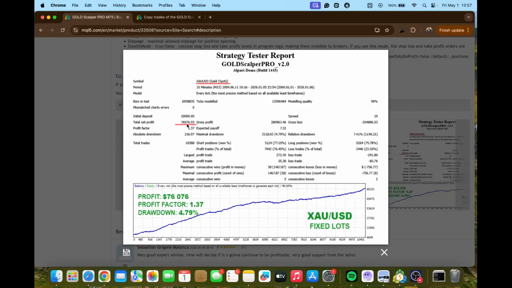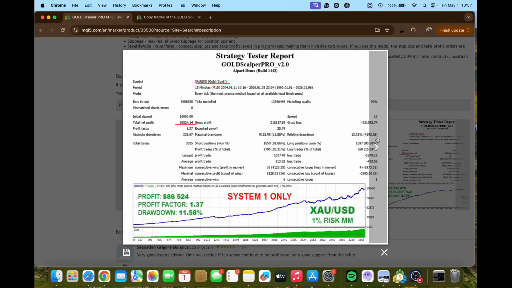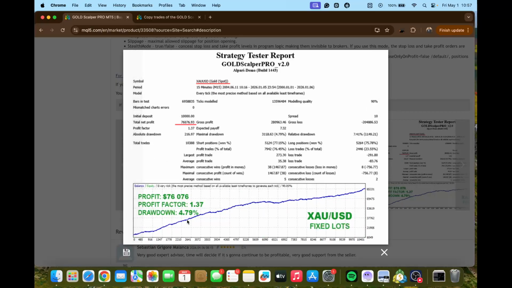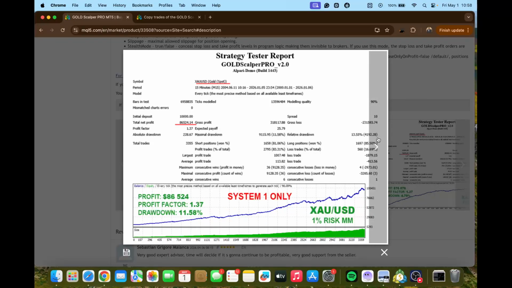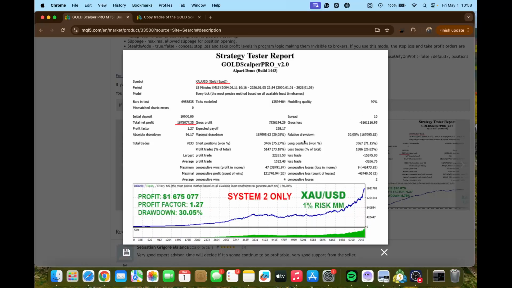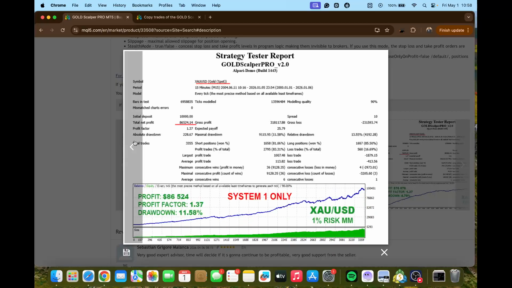He made about $76,000 from a $10,000 account, and this is just for this backtest on gold. There are so many other backtests also, and this is using system one only. This one, you can also see, is fixed lot, so there are different settings and these are backtests based on the different settings, and the win rate is actually fair for most of these backtests.